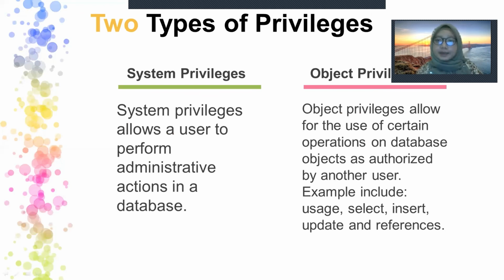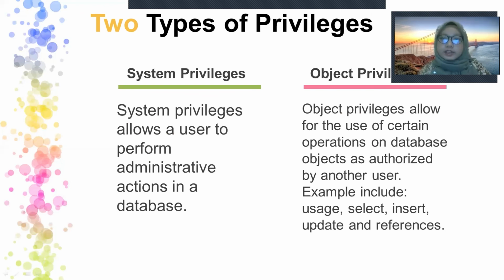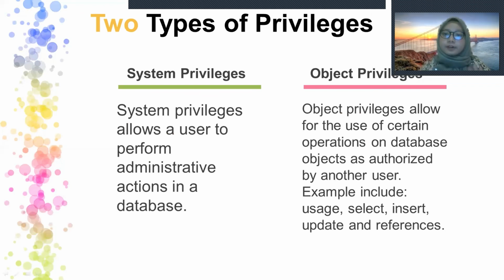Secondly is object privileges. Object privileges allow for the use of certain operations on database objects as authorized by another user. Examples: usage, select, insert, update, and reference.